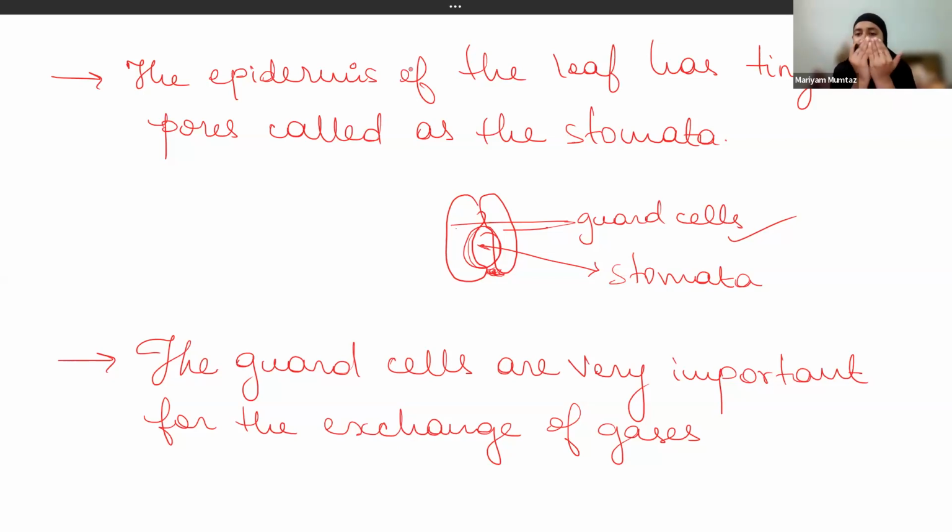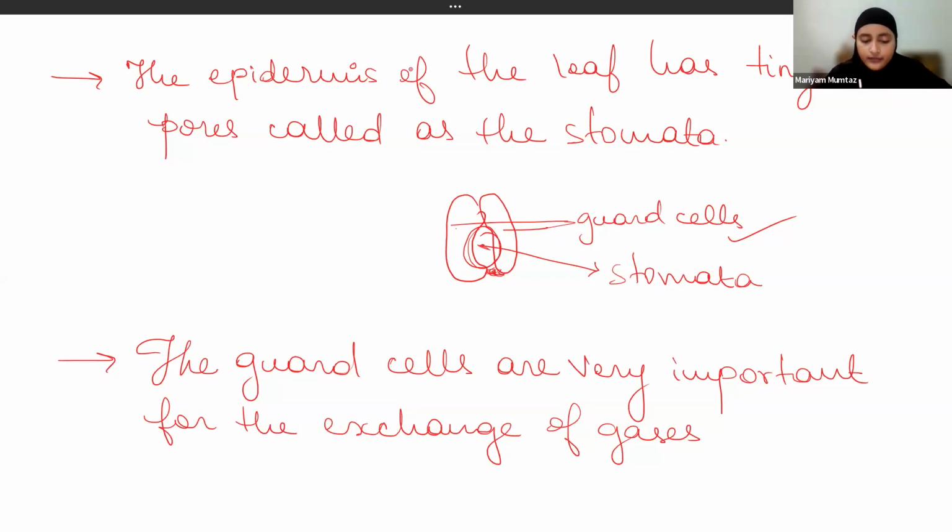When the guard cells open like this, only then will exchange of gases take place through the stomata. If the guard cells close like this, then no exchange of gases can take place. This is the reason why the guard cells are very important for the exchange of gases. Is it clear to everybody?